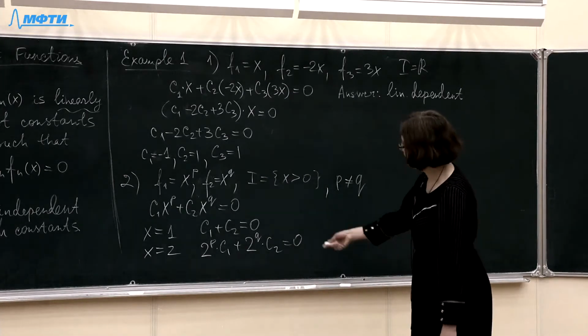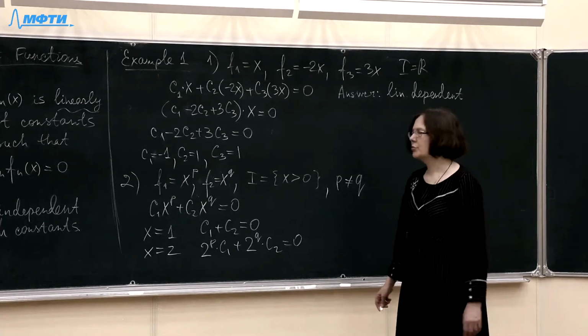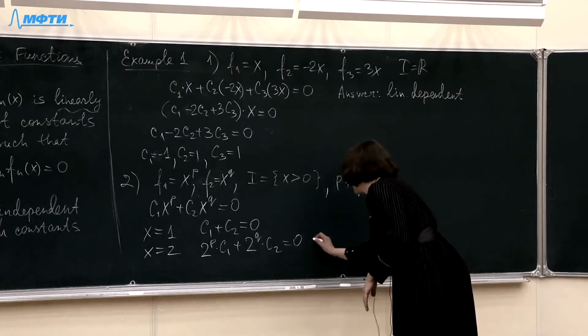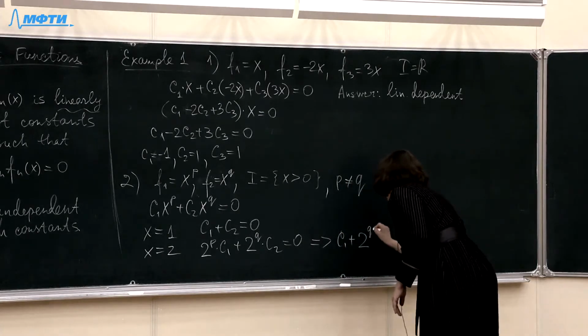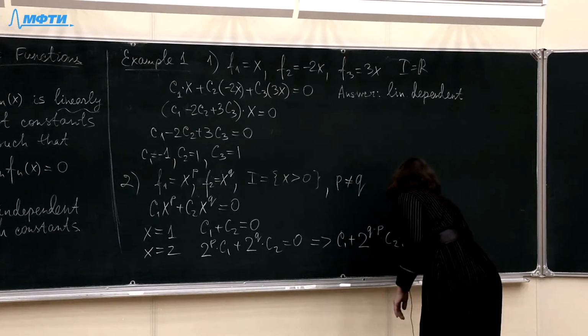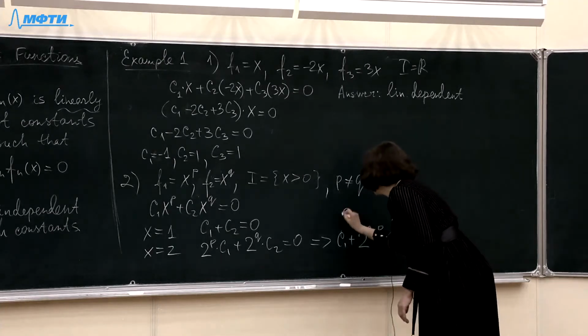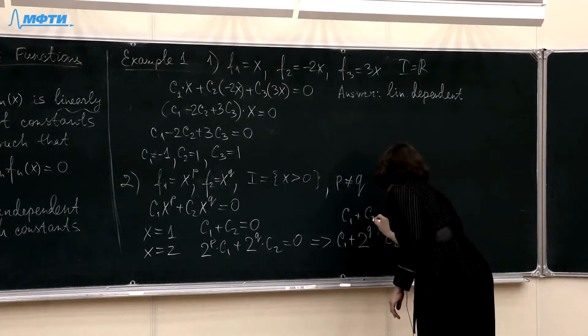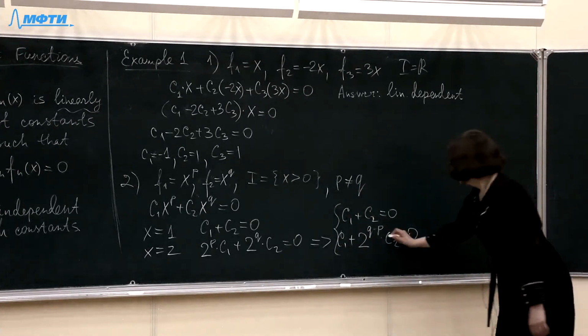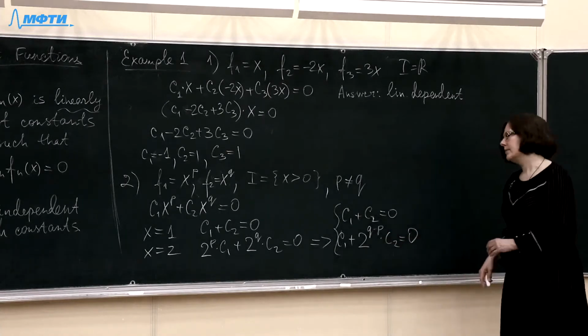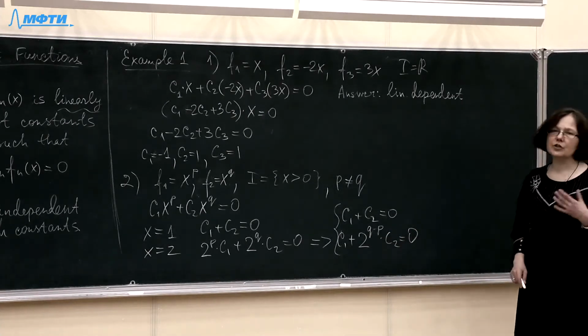And if we divide by 2 to the power p, we will get the following: C1 plus 2 to the power q minus p times C2 equals 0. So this set of two simultaneous equations has only the trivial solution.